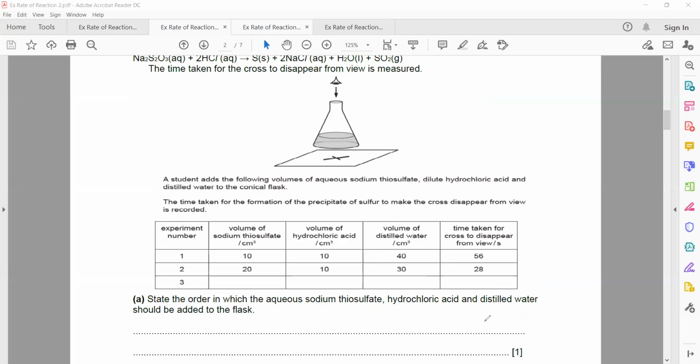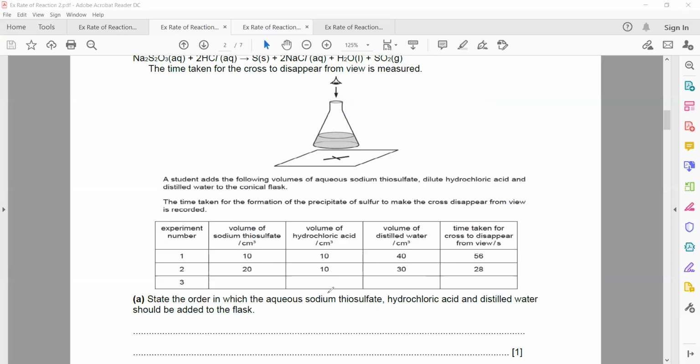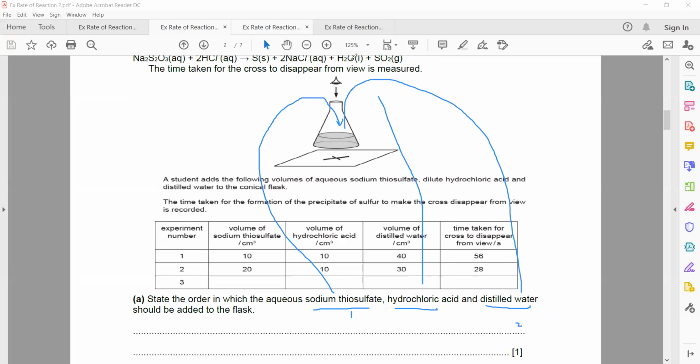So you can add water first. Then you add thiosulfate. And at the last, you can add hydrochloric acid. This is one combination. Or you can add thiosulfate, then add distilled water second, and at the last add hydrochloric acid.